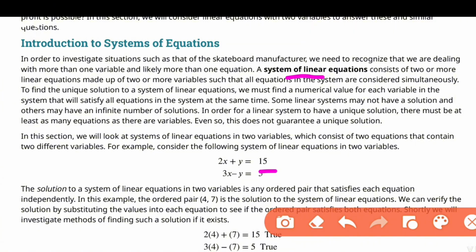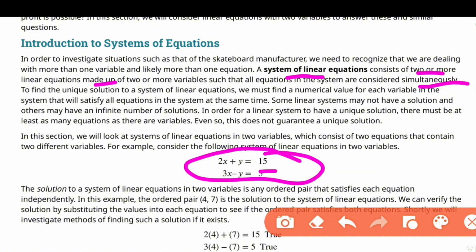A system of linear equations may consist of more than two variables, but it consists of two or more linear equations made up of two or more variables, such that all equations in the system are considered simultaneously. Look, here for example, we can consider this example.